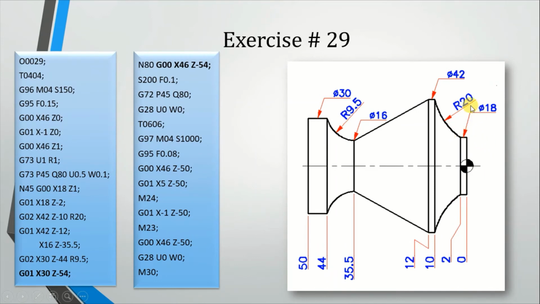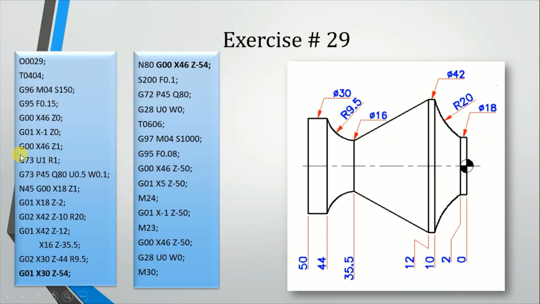In this shape we will use the turning tool, and also we will use the parting tool. First of all, program number, turning tool, constant cutting speed on, G95 feed per revolution, X46 Z0, the tool will be here. The next line we will use facing, G01 X-1 Z0, and then go back, G00 X46 Z1 here.